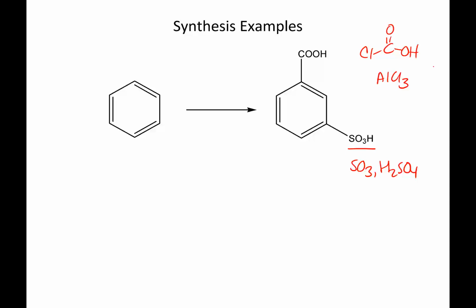This acid chloride from a carboxylic acid. But this reagent is very unstable if I was to make it, and that's if I can make it. So this reagent actually is not allowed. I'm forbidding this reagent to be used because it's not stable.